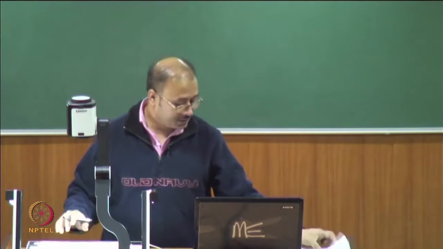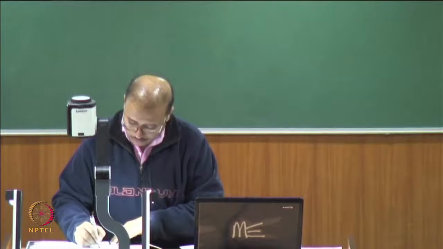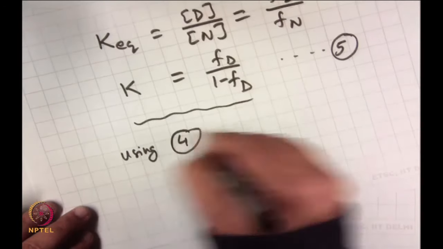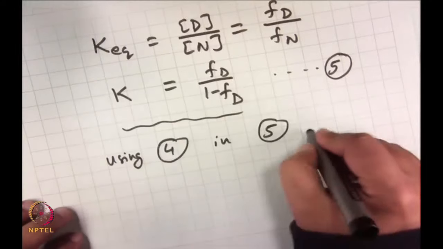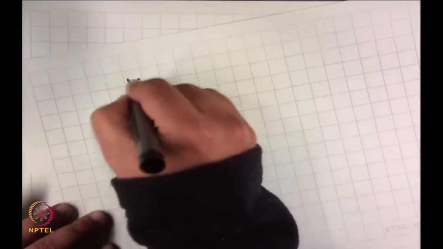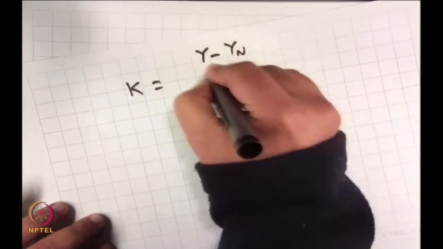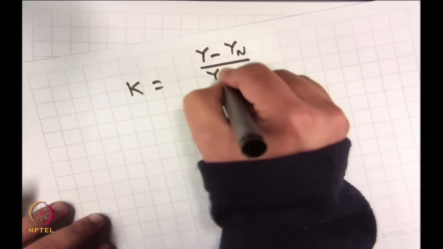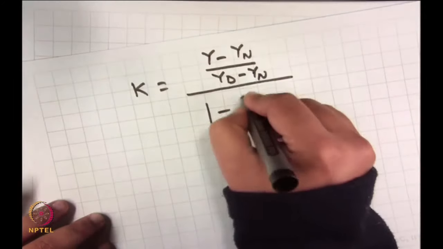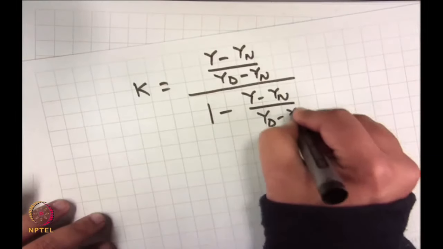So, then let us write that down. Using equation 4 in 5, we have K is equal to f of d, which is given by y minus y of n over y d minus y of n, full, divided by 1 minus y minus y n over y d minus y n.